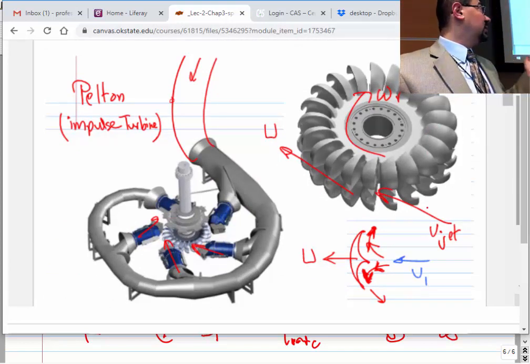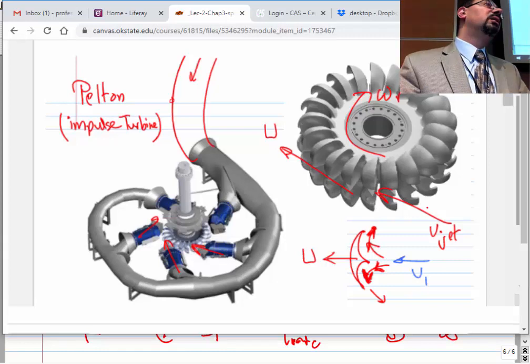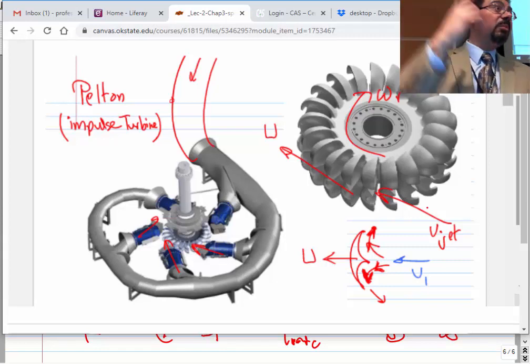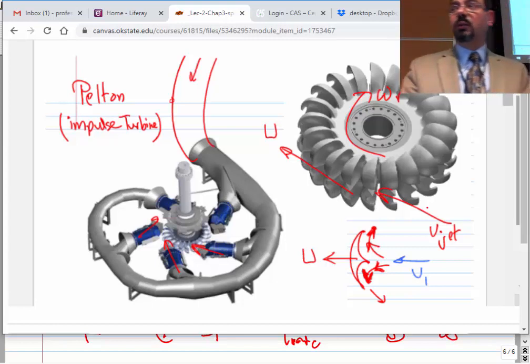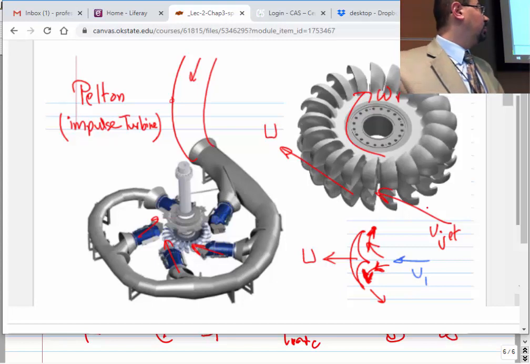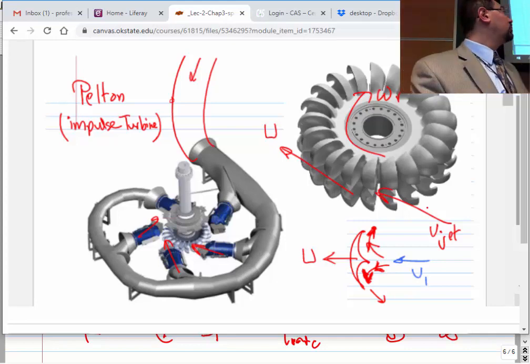And this one, you know, it looks childish, but actually it's really useful for very high head. If you have a big dam, very high head, you actually use this one. Okay, we will see how you choose the best one for any particular application. But this actually works if you have a very huge head, you should use this one.